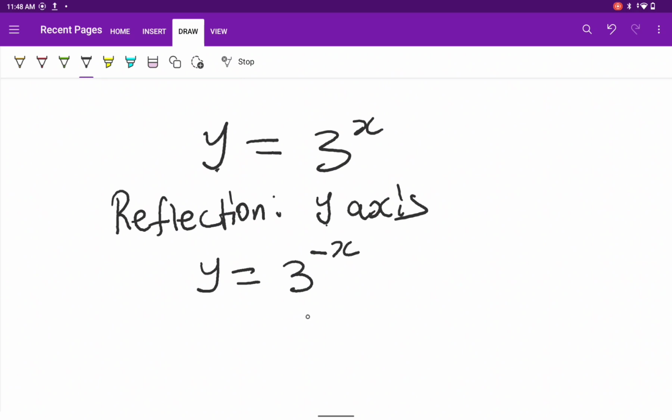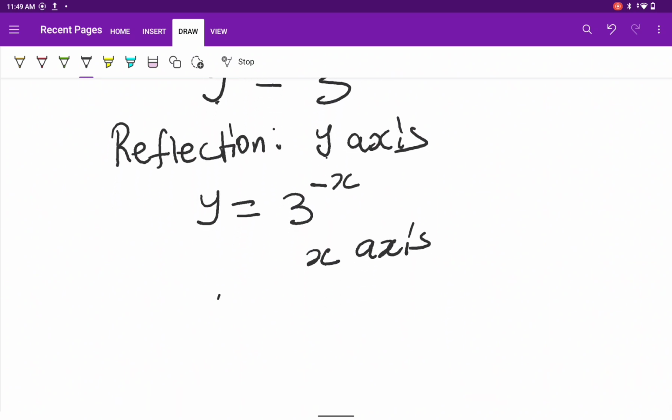Right, now the same function, let's look at it along the x-axis. So we are looking at reflection along the x-axis. Remember, the function is y equals 3 exponent x. Now in this case, along the x-axis, it's y that will change the sign.